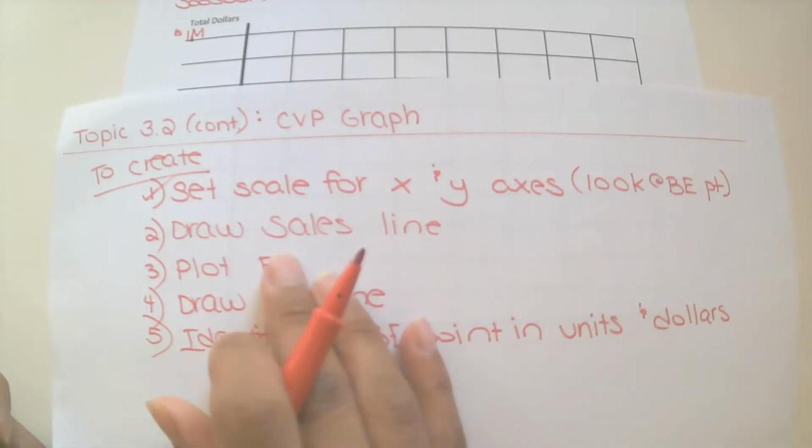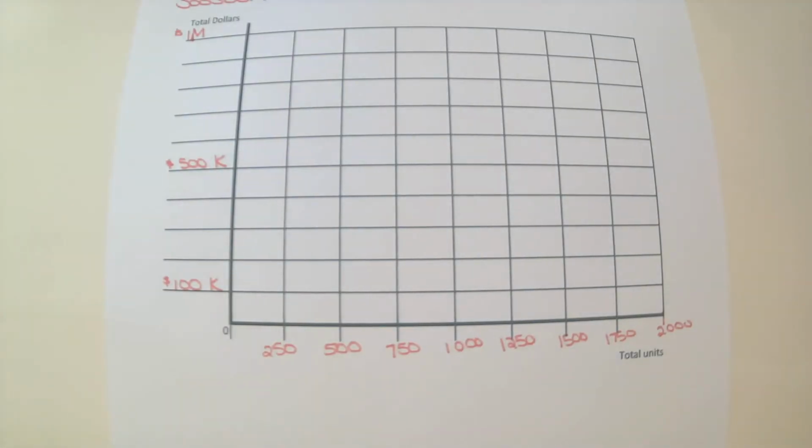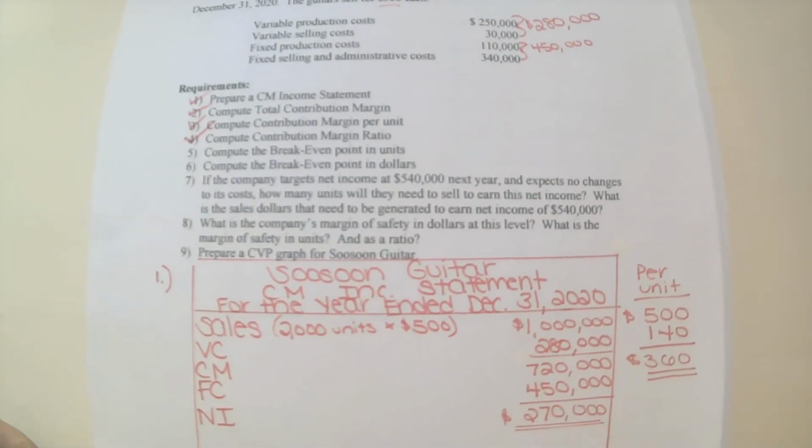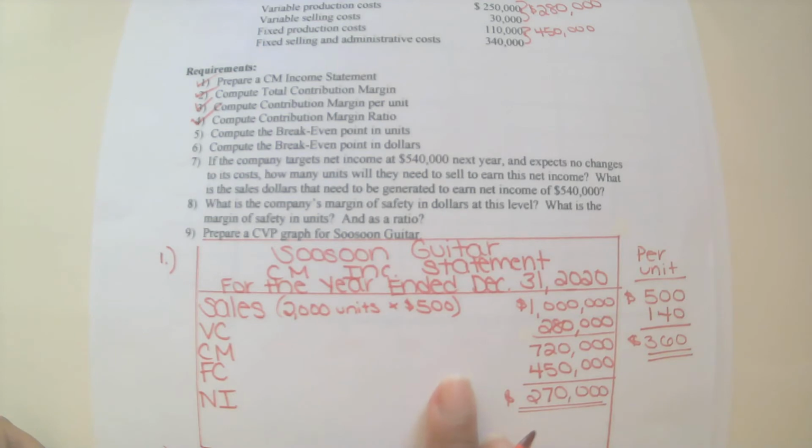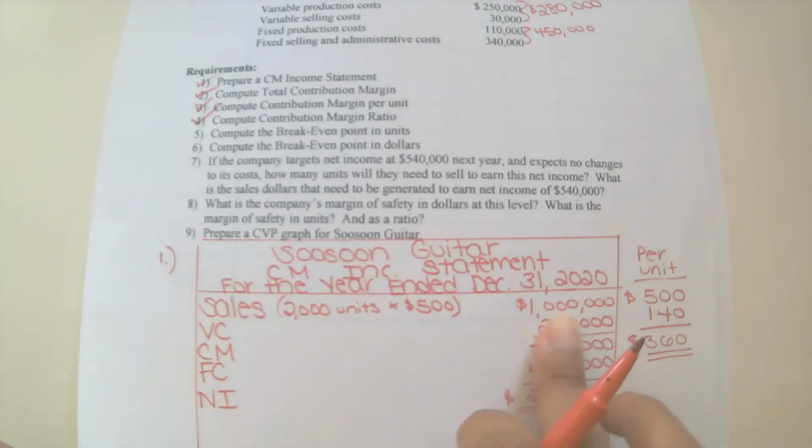Yay. Let's draw our sales line. Now, whenever drawing a line, you just need 2 points. So let me go back to our SooSoon Guitar. Remember, the first thing that we did for this company was develop a CM income statement when unit sales were 2,000, and that gave us $1 million in total sales revenue.